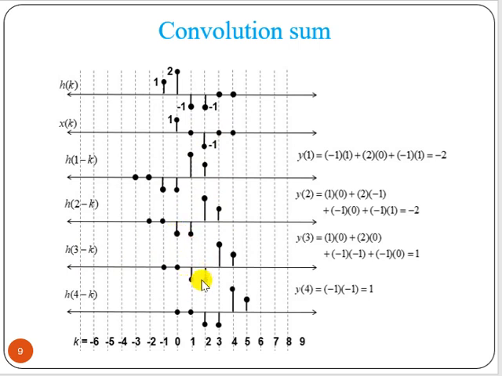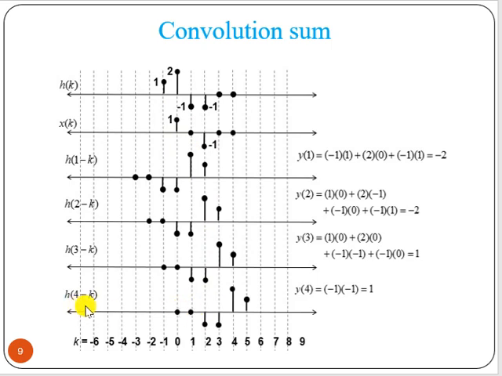Then we can see these two data are now overlapping with this one, and this one is 0. So these three data are overlapping, and when we take 4 minus k, again shifted by 1 unit, now only this one data is overlapping with that, other two data are 0.